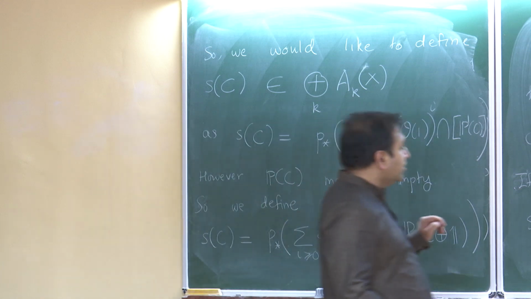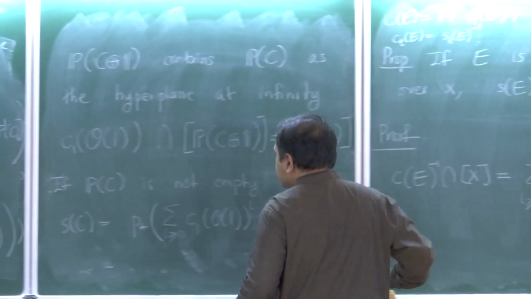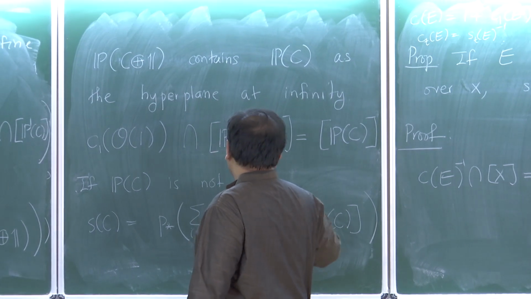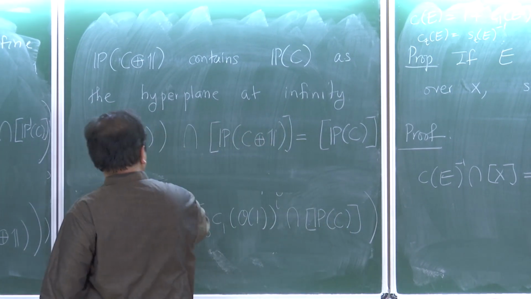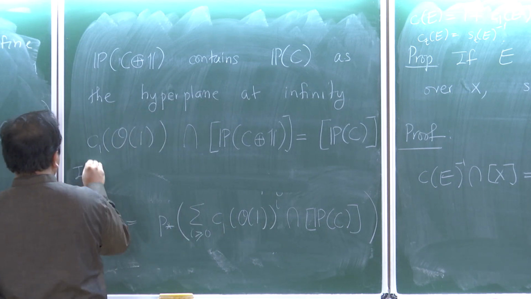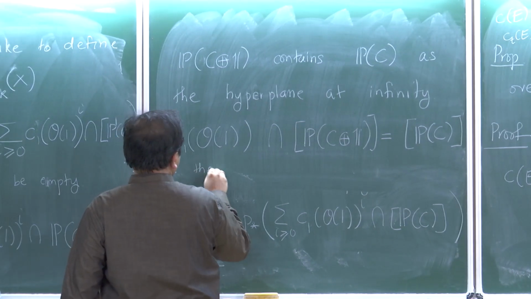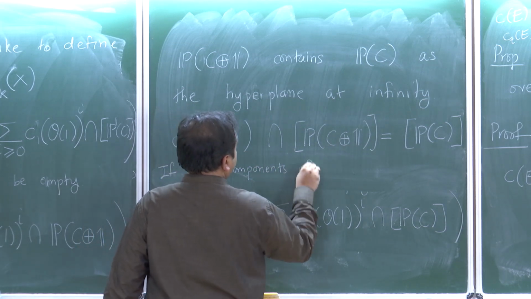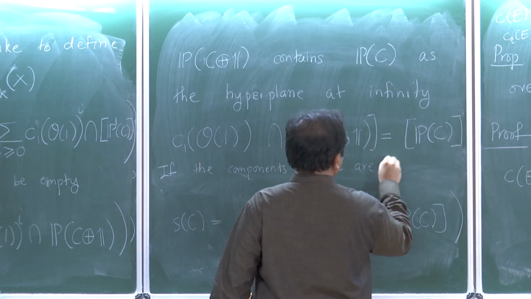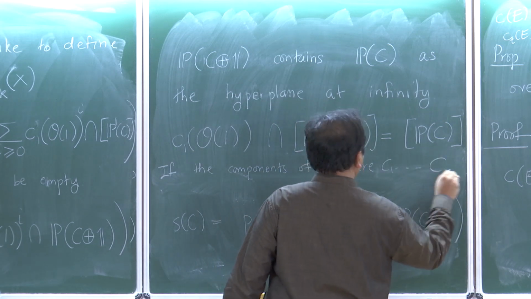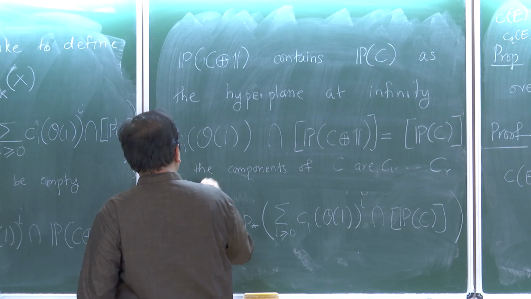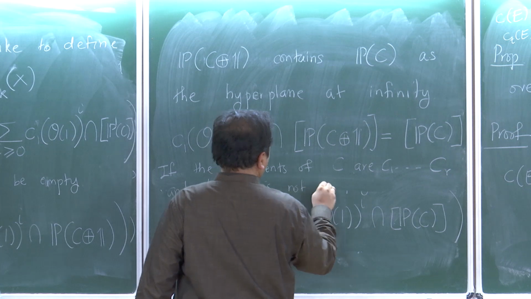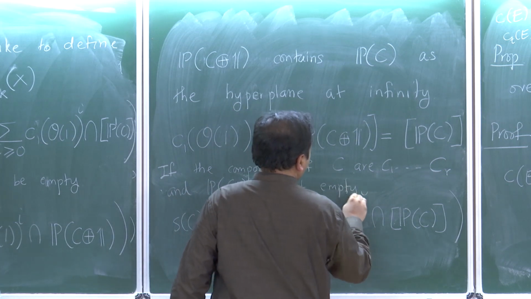Maybe what I should have said here is that if the components of C are C1 up to say CR, and PCI is not empty for any I. Yes, that's a good point.